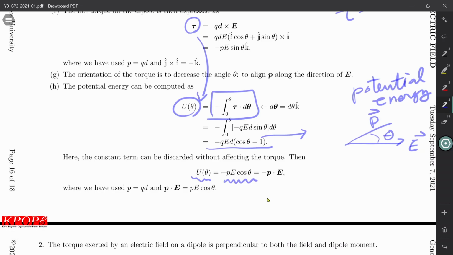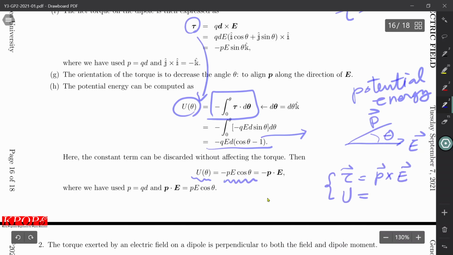So the torque is p cross E, and the corresponding potential energy is minus p dot E, scalar product.